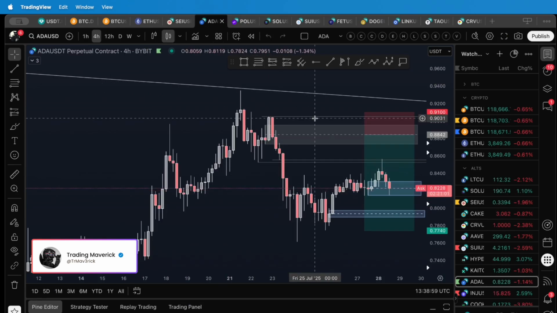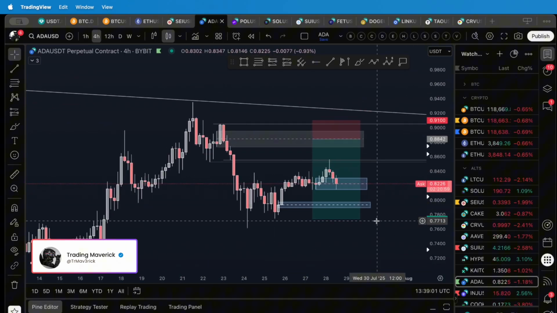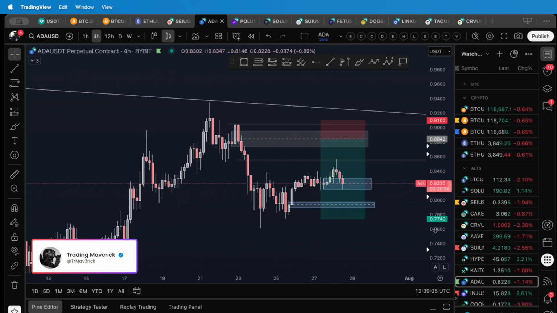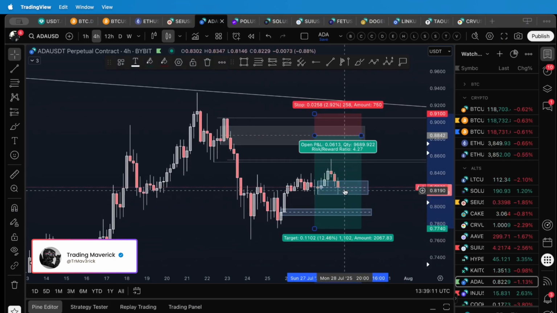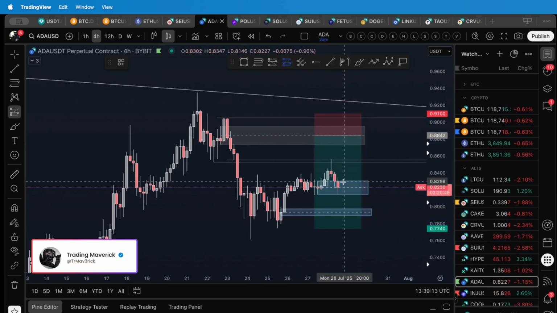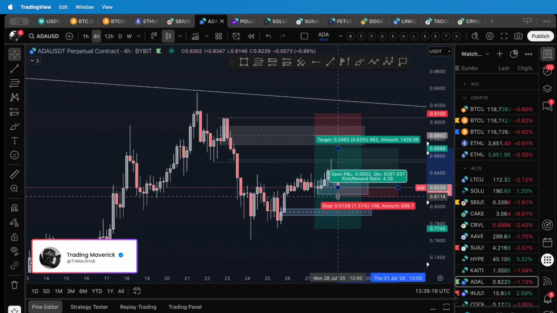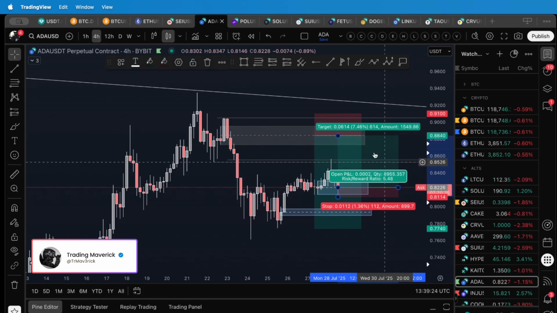I was also looking at ADA short here if we manage to push up. And I was considering longs at 80 cents, a little bit below. But honestly, you could long here, just market buy and stop loss at 81-ish cents and target 88 cents.